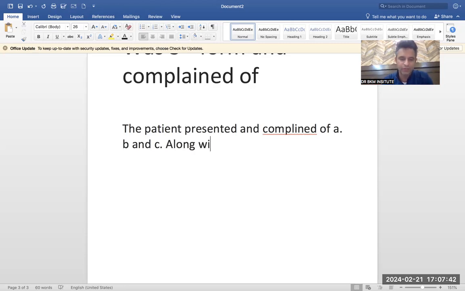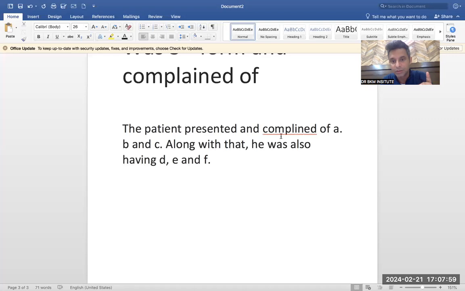I will say, full stop, along with that, comma, he was also having D, E, and F, the rest of the symptoms. So these things belong to the patient. So he was also having, present continuous. The patient presented. If you want to put second form, then also you can put he also had. That is also equally good.